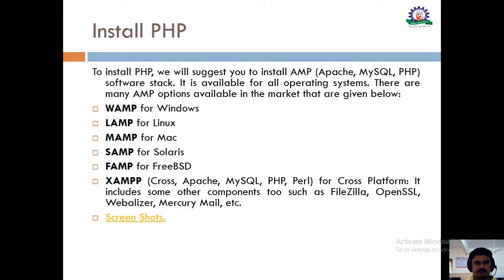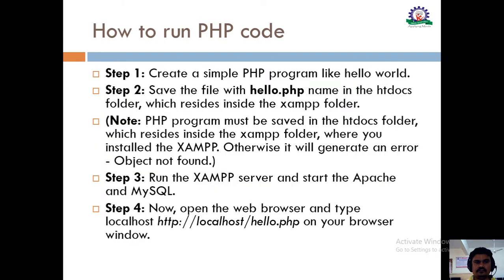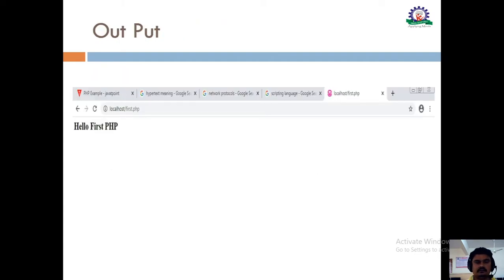For Windows we installed the XAMPP server, which is cross platform and helps us use applications like Apache, MySQL, PHP, as well as some extra components like FileZilla, OpenSSL, etc. Once we installed XAMPP, we created a host server, and we also executed the first PHP code. This is what we studied in the previous video.